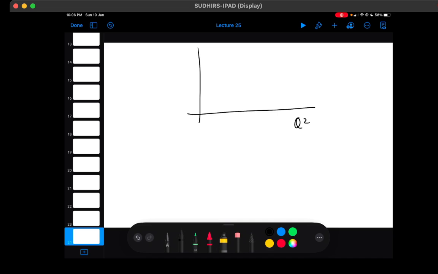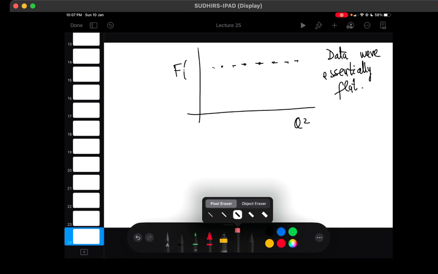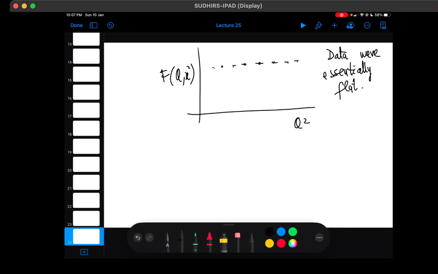What this tells you is that the proton is definitely a composite object, which we already know. But it also tells you that at large q square the composite nature is more evident, that the constituent takes a central part.